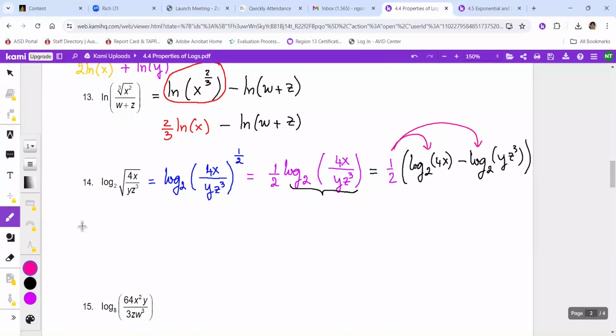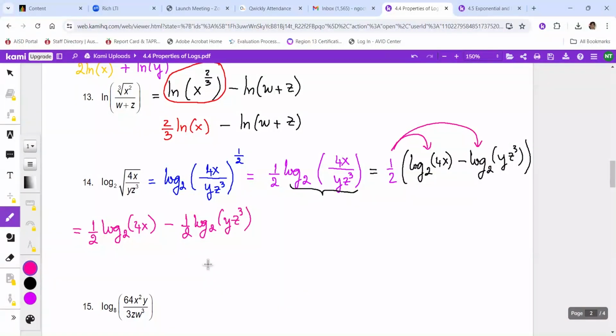Okay, so let's write it down right here. Number 1, to clear the parentheses, so 1/2 log base 2 of 4x minus 1/2 log base 2 of y times z to the power 3.